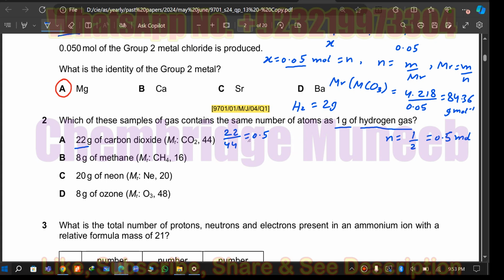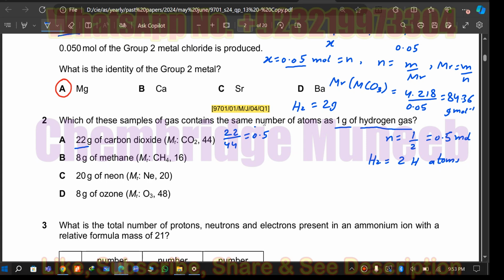Now here both the values of the moles are same, but in case of hydrogen gas the number of atoms are, as we know, H2 contains 2 hydrogen atoms.